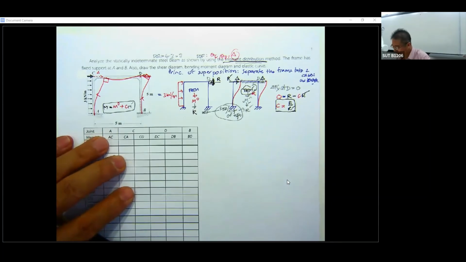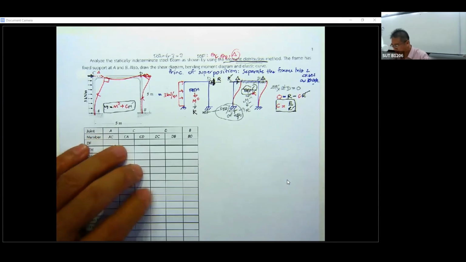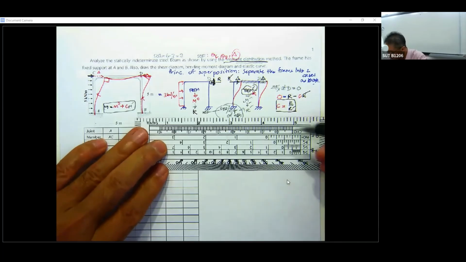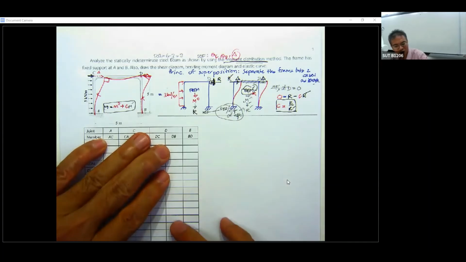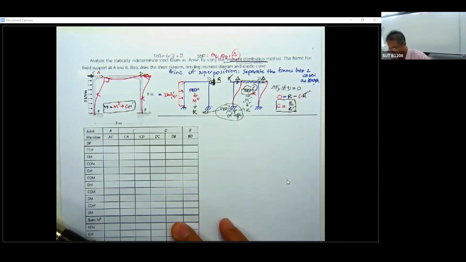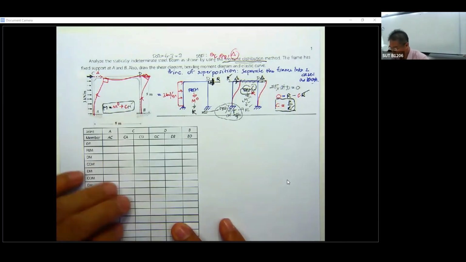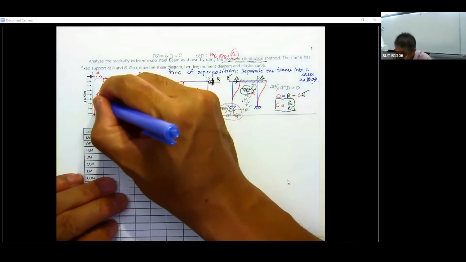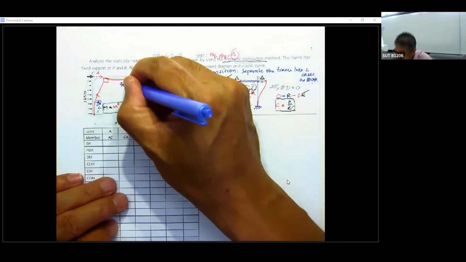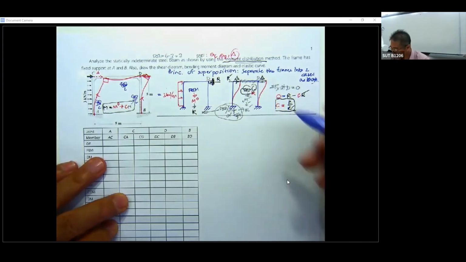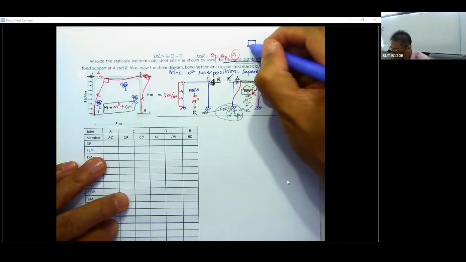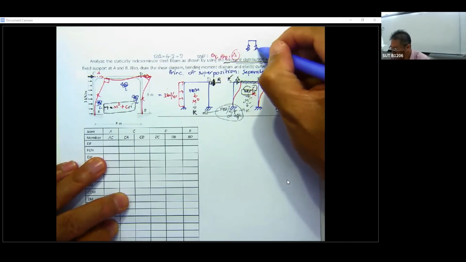Okay, if everybody understands the basics of this problem, let us start by computing the K. Considering this problem, this is fixed, this is fixed. You're going to use 4EI over L, 4EI over L, and 4EI over L. Again, I'd like you to go back to this same problem and just change this one to pin.